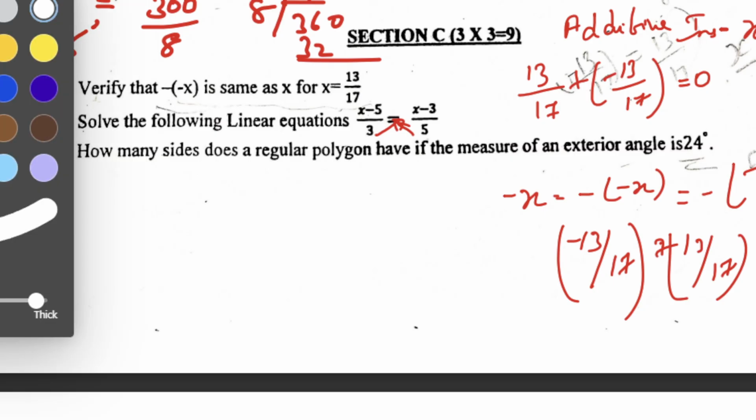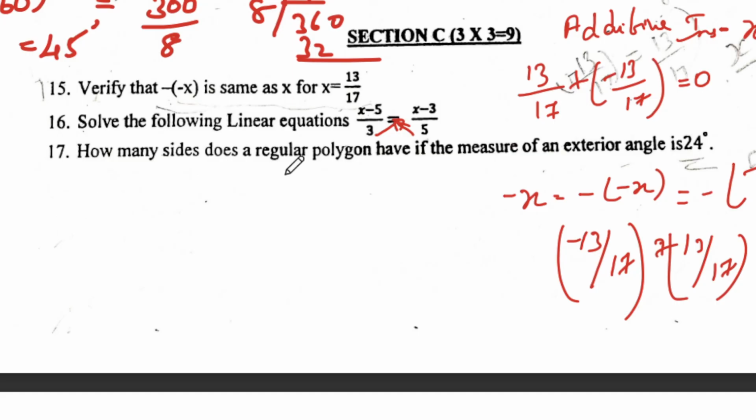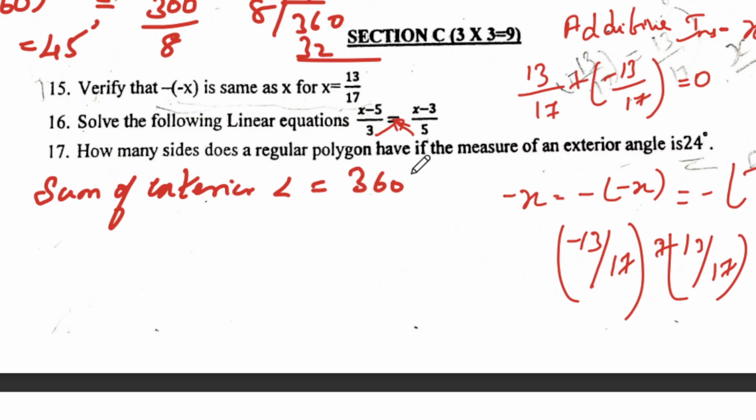Okay, now we will go back. So the question is, how many sides does a regular polygon have if the measure of an exterior angle is 24 degrees? So we know that the sum of exterior angles in a regular polygon is 360.